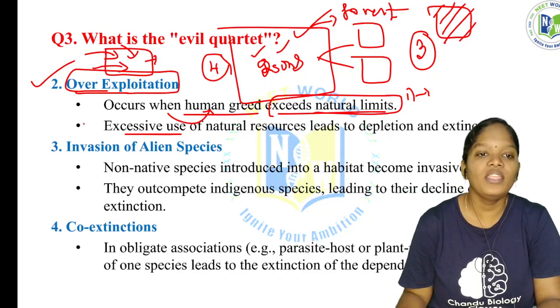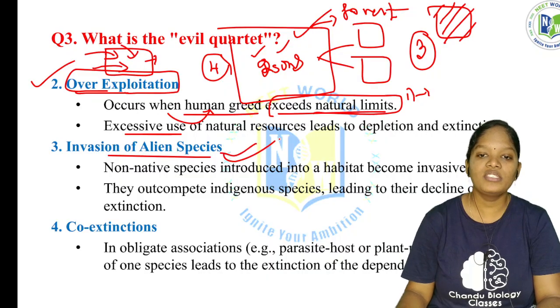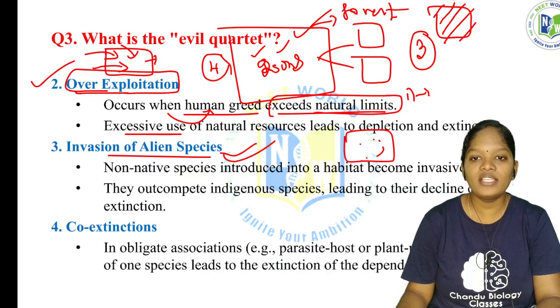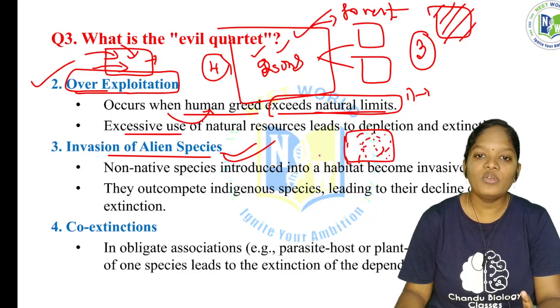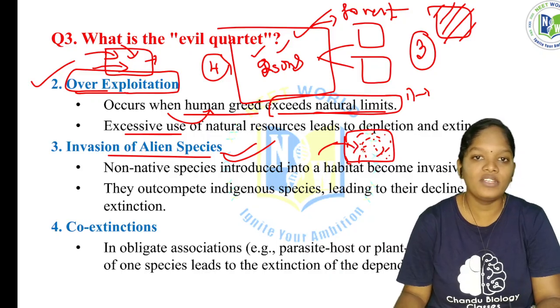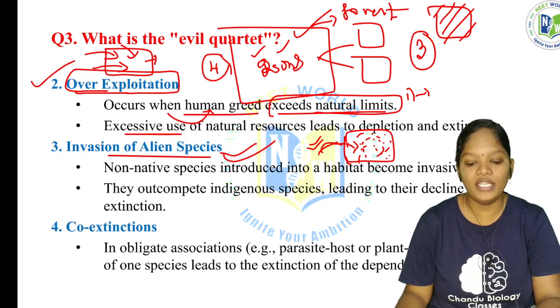Now, invasion of alien species. Consider an ecosystem with some organisms already living there. When another species which is non-native to that particular ecosystem enters this native ecosystem, this species will be powerful compared to our native species.